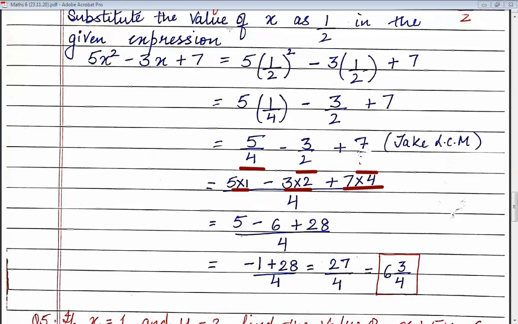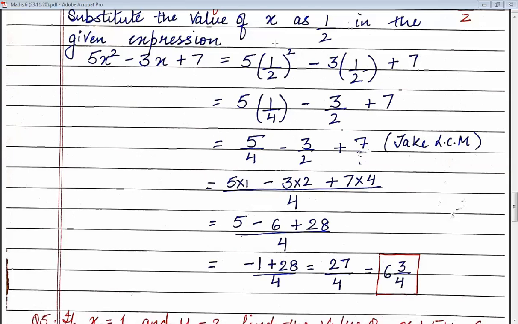Now this is a simple algebraic expression, and now it is converted into a numerical expression. Now students, you have already done this in the integer chapter. Now just solve it. 5 minus 6 means minus 1 plus 28, and your final answer will be 27 upon 4.